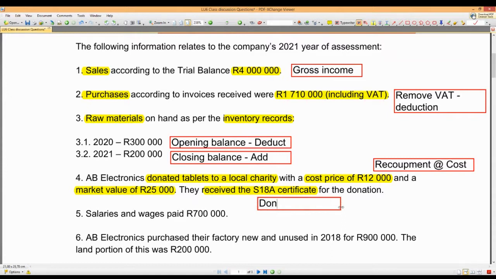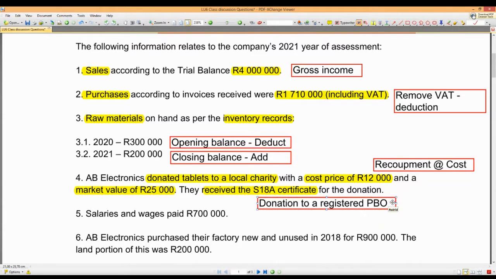That means we've got a donation to a registered PBO. So because it's to a registered PBO, we take the lower of the cost and the market value. So in this event, it is the cost. If it was not to a PBO, then we would take generally the market value amount, which would normally be higher than our cost price.